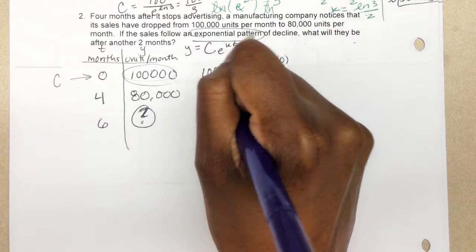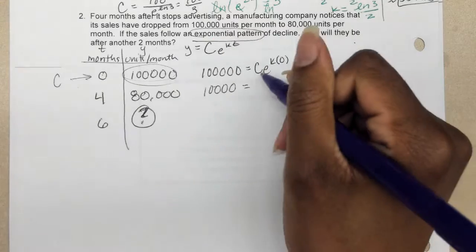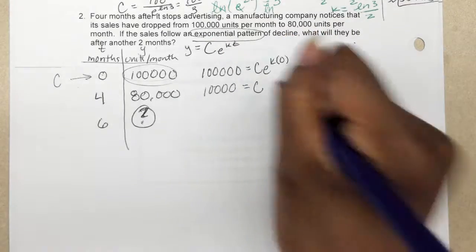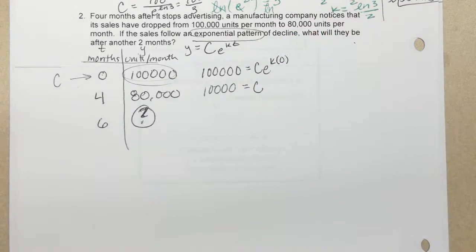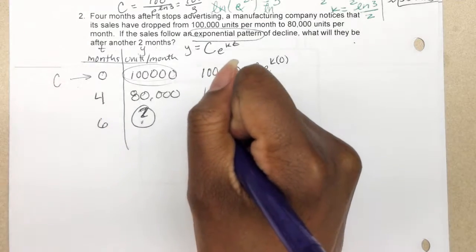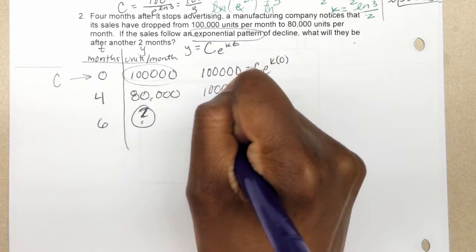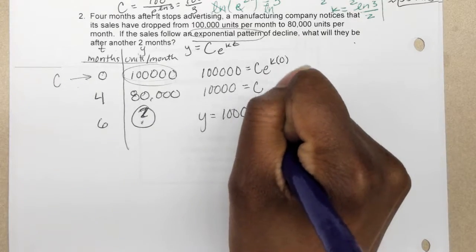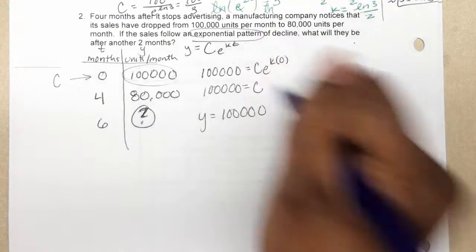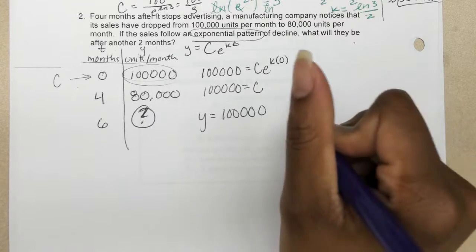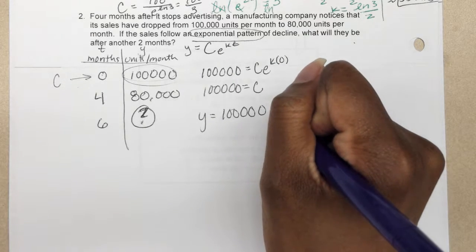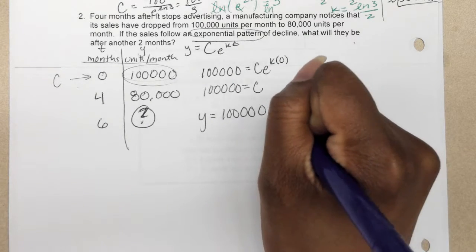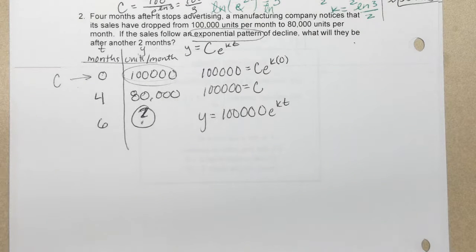So 100,000 is equal to C times 1, which is just C. So then we have y equals 100,000 e to the k t.